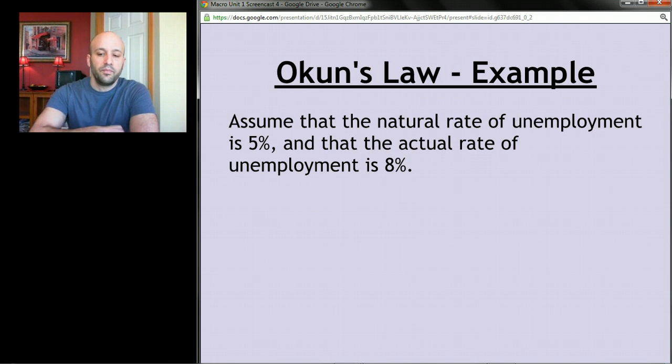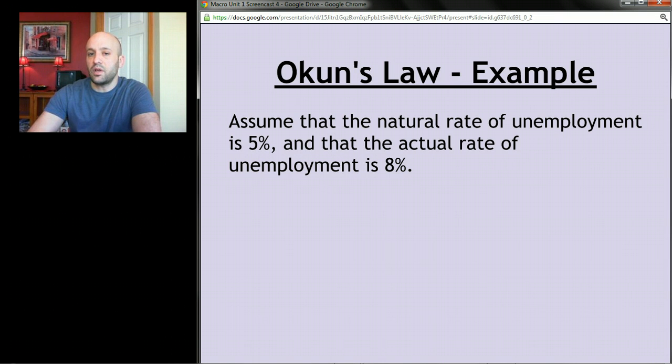So, simple example. Let's assume, as it is the case, that the natural rate of unemployment is 5%. And let's also assume that when we actually measure unemployment using the formula I showed you before, we see that unemployment is at 8%. Well, that difference between 5 and 8% must mean cyclical unemployment, right? Because the natural rate of unemployment includes the structural and the frictional unemployment.